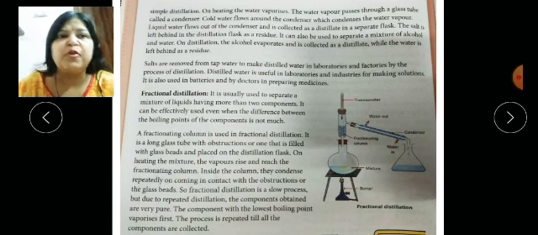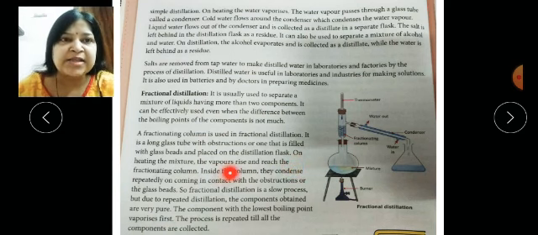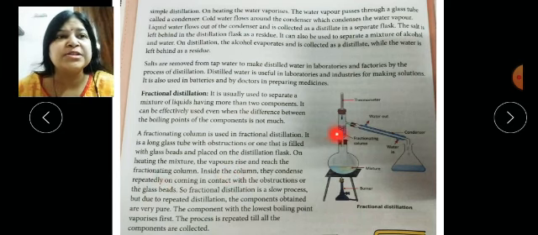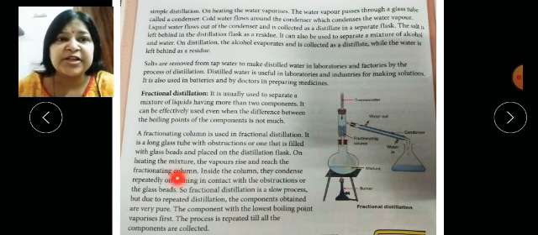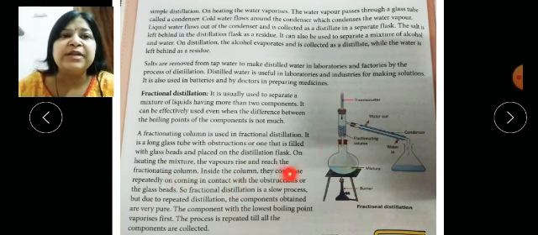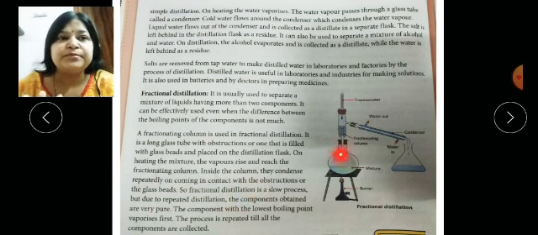As we know, when we heat the mixture, it will vaporize. It will form vapor, it will change its state, and when it reaches the fractionating column, you can see here, inside the column the vapors condense, because these glass beads also act as a little bit of a condenser.